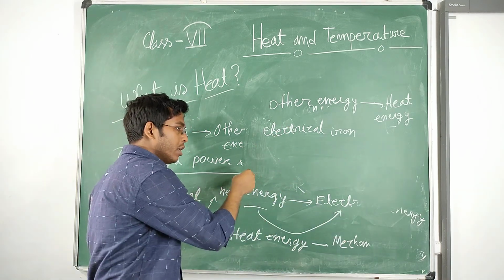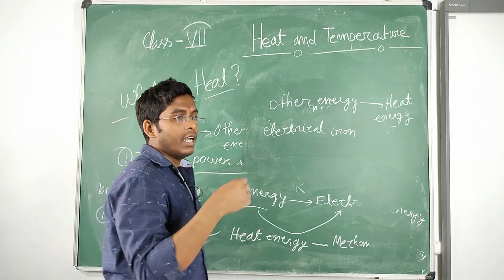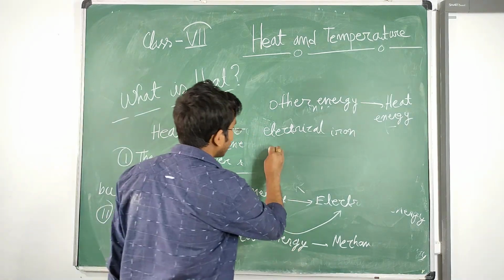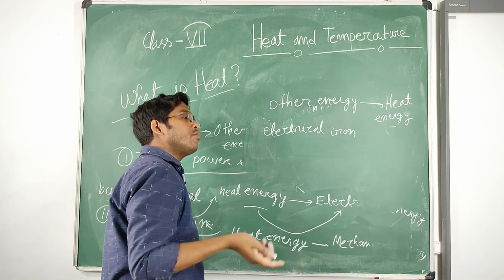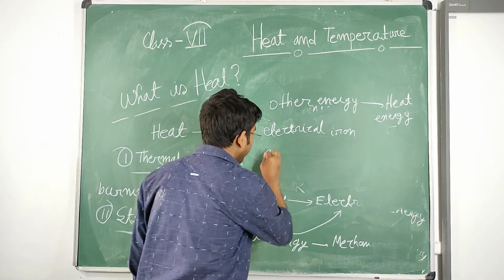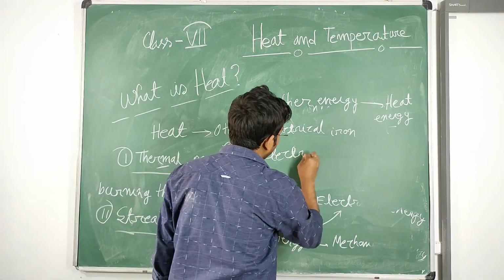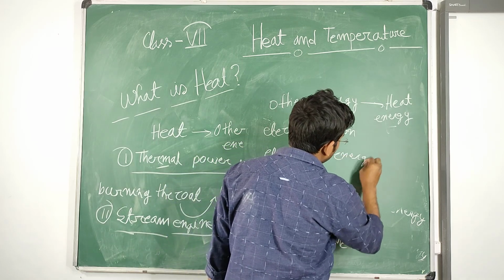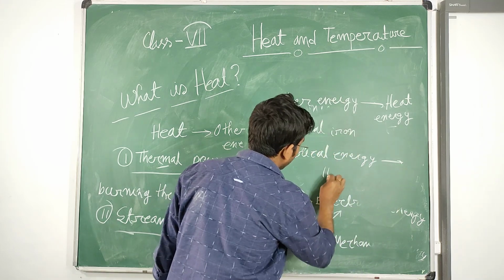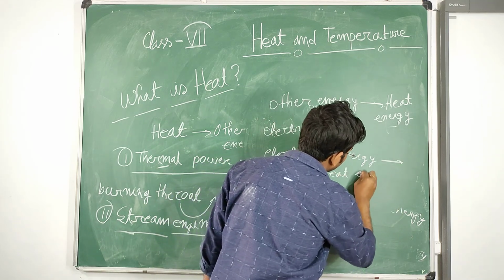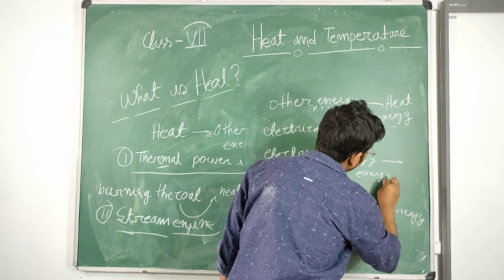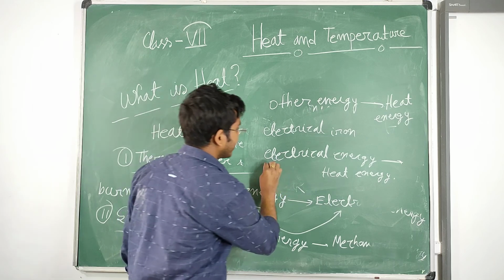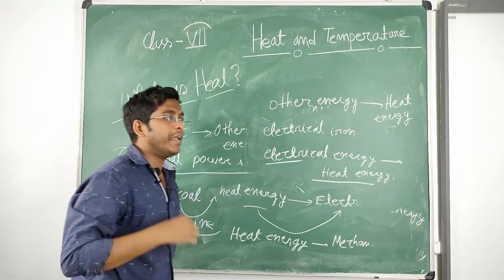You switch it on, then electrical energy comes. After that, your cloth. When the switch is on, it gives electrical energy. After that, it is converted to heat energy. If you touch your cloth, it has become hot. So electrical energy is transferred to heat energy.